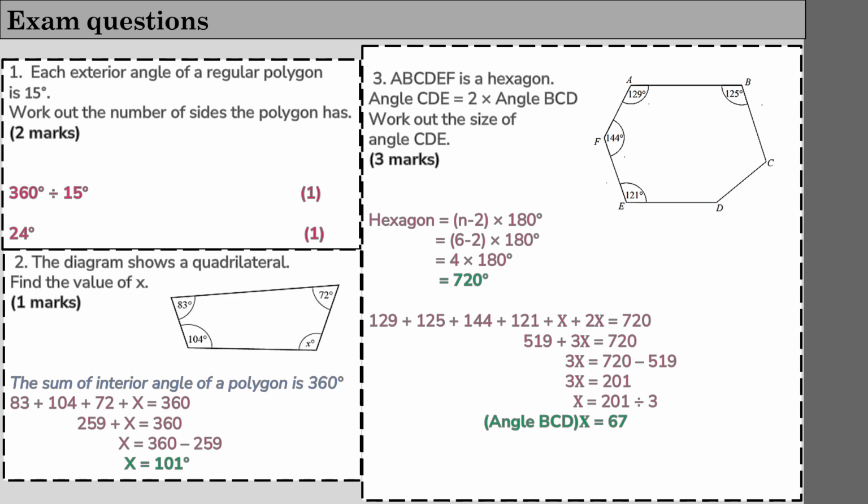First, I have to find the value of x, which is my angle C, which is 67 degrees. And then, if C is 67 degrees, angle D, which is CDE, is twice the angle BCD. So it will be 2 times 67, which is 134 degrees.